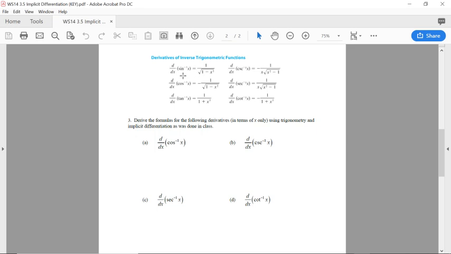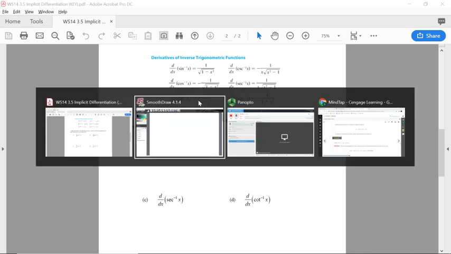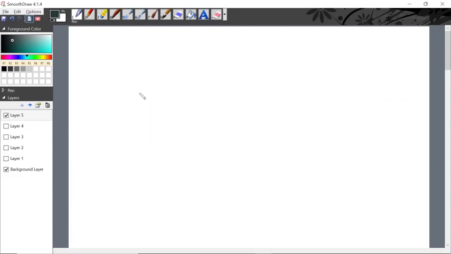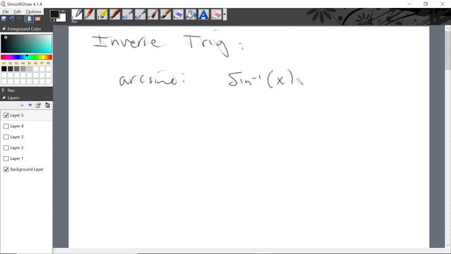Let's start with the derivative of the arcsine function. If we recall, the inverse trig functions, defining arcsine, the arcsine of x is equal to y.